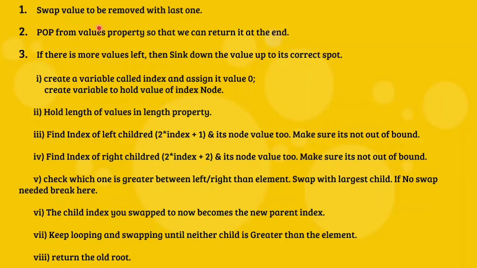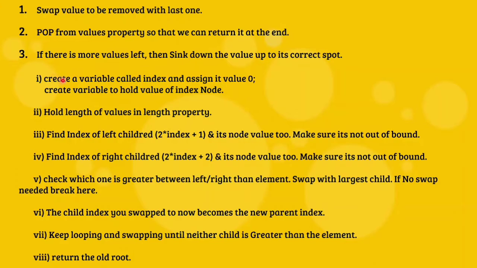Once the swap is done, then in the third step, if there are more values left, then sink down the value to its correct spot. There may be a case where if we remove one item, there may not be any more items, so we will check. If there are more items left, then only we will sink down.